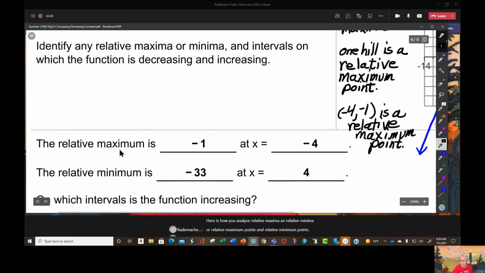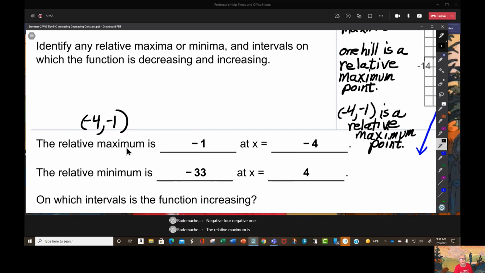For the relative maximum point, let me write down what it is. -4, -1. The relative maximum value is the y value, -1.